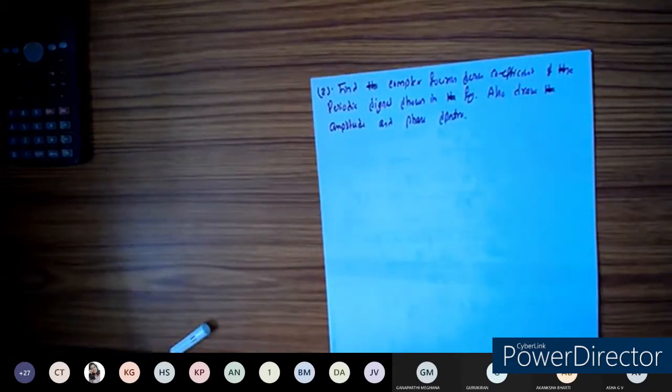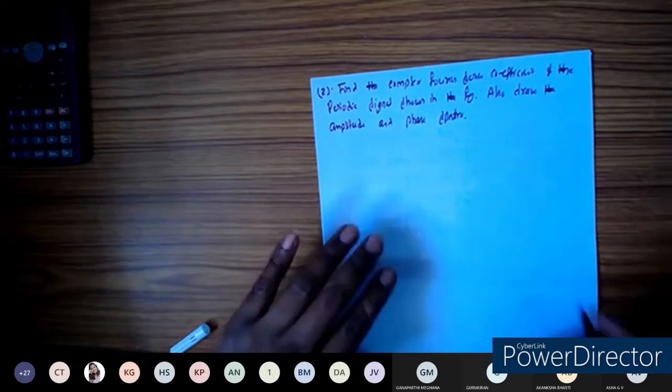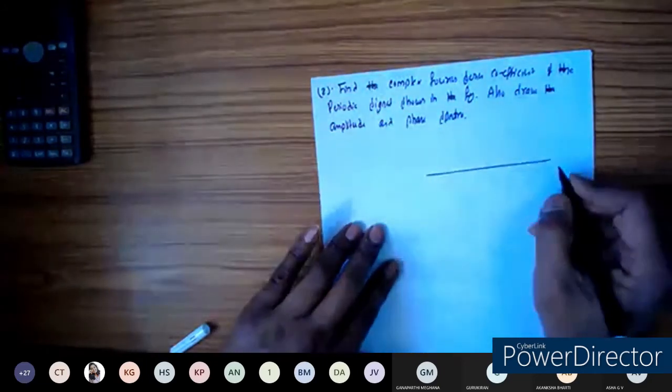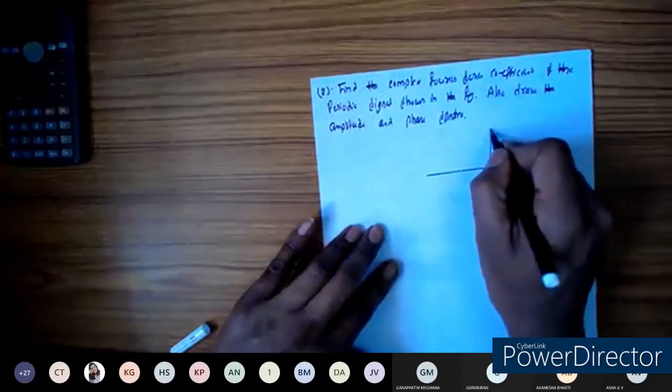Okay, so we need to find out the complex Fourier series coefficient for the periodic signal, and for that we need to draw the amplitude and phase spectra. The signal is given like this, x of t, a periodic signal.